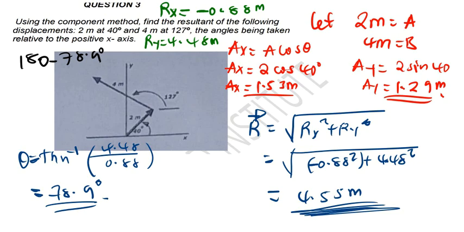So it can't work out. Then I need to check my working. So 180 minus 78.9. Yes, 101.1 degrees. It is indeed in the second quadrant. That's my answer.